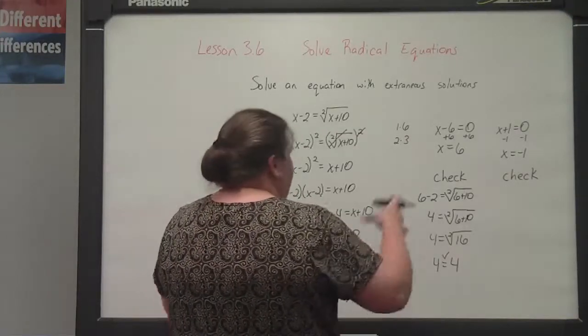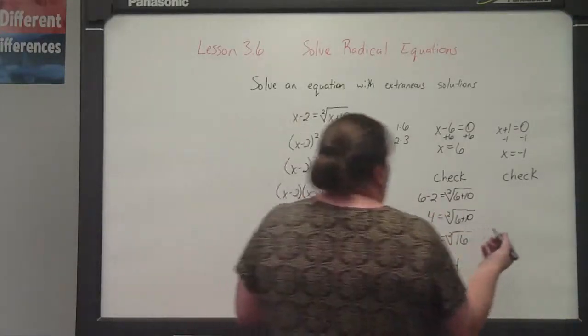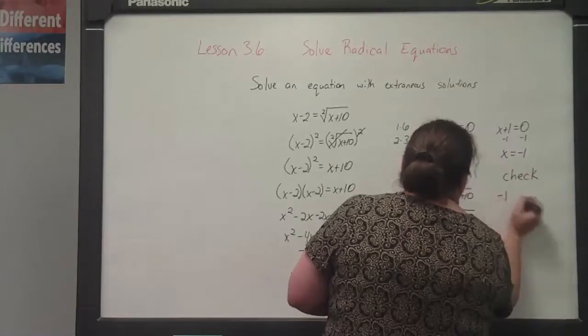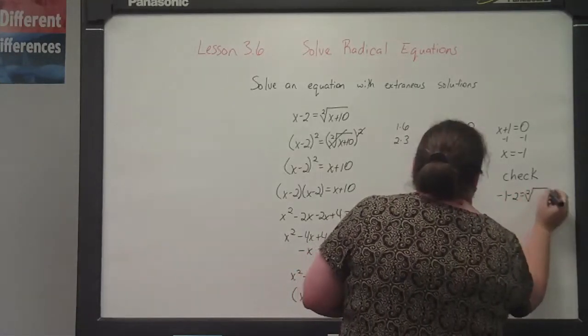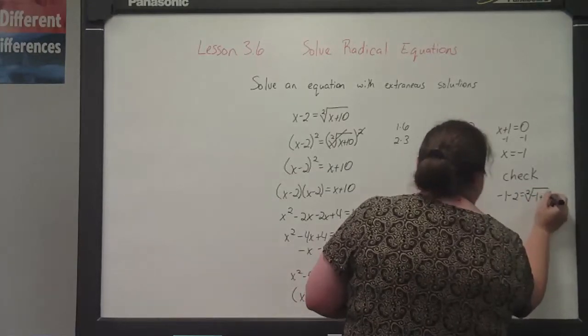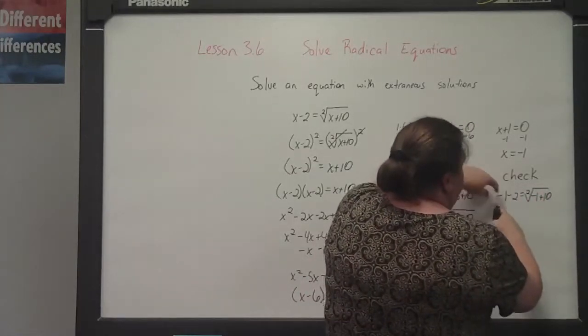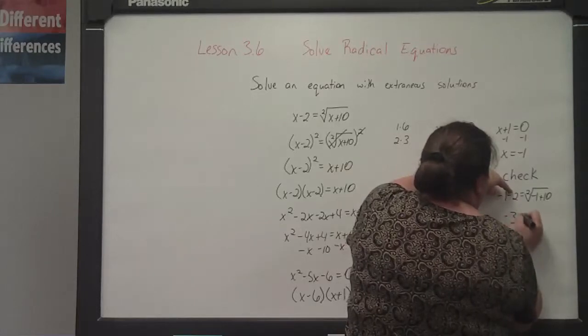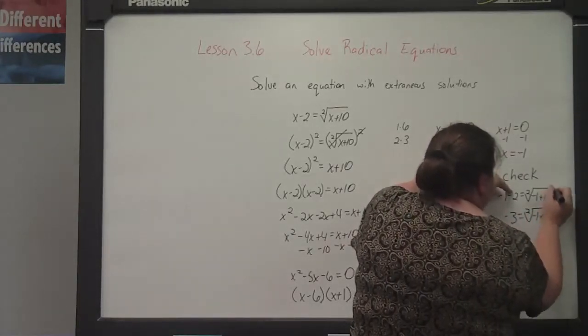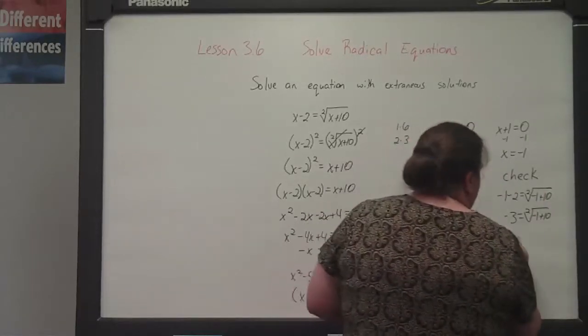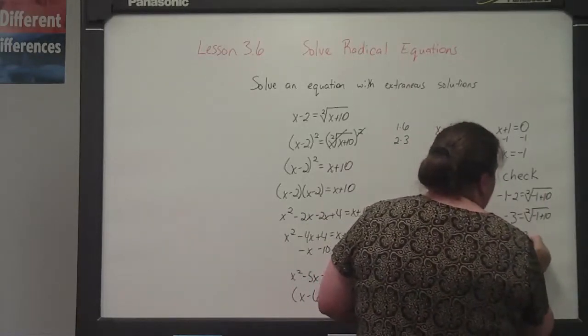Now, we need to check again for the negative 1. So I can say a negative 1 minus 2, is that equal to the square root of a negative 1 plus 10? A negative 1 plus a negative 2 is a negative 3. Is that equal to the square root of a negative 1 plus 10? A negative 3 equals the square root.